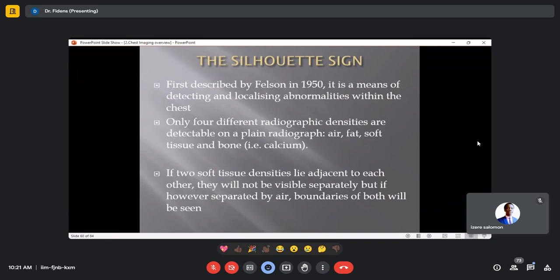If 2 soft tissue densities lie adjacent to each other, they will not be visible separately, but if separated by air, the boundaries of both will be seen. If they touch each other, that's when you can have a silhouette sign positive.